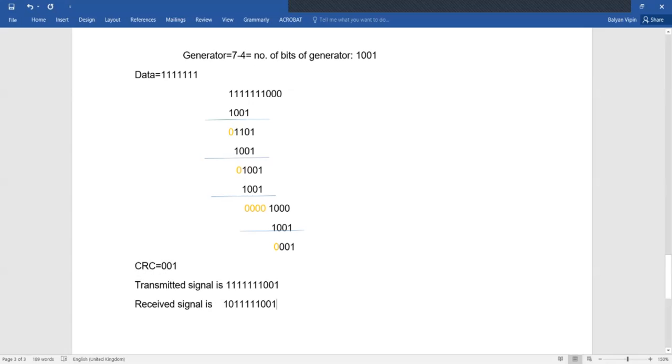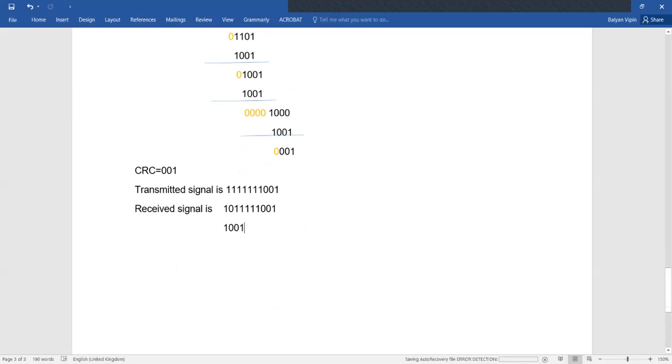So the receiver will now, using the generator polynomial, divide the received signal by the generator bits, which it already knows. Again, you will do this: if the signal is received without error, then your answer will be the CRC bits.